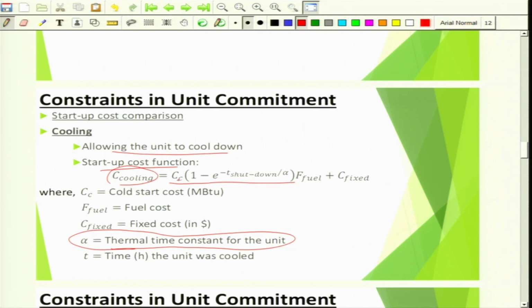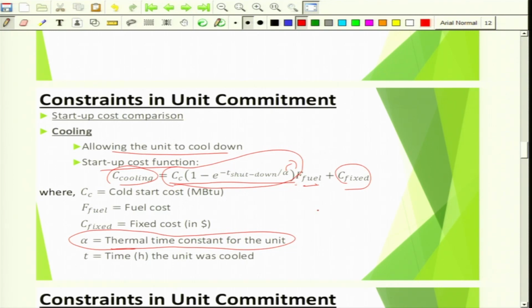So mathematically also you can see here, if alpha increases, this whole expression value decreases, and this is multiplied by the fuel cost, and there is some fixed cost also. That means if the thermal time constant of the unit is very large, then the cost associated with cooling is less.